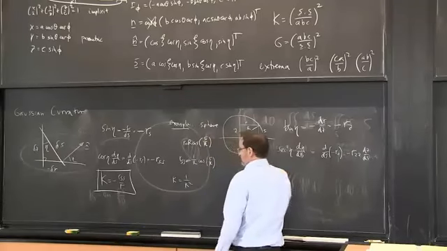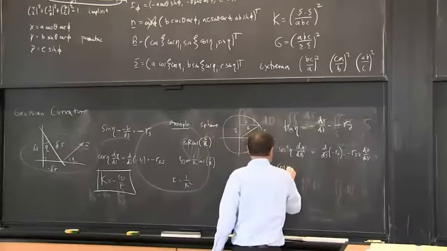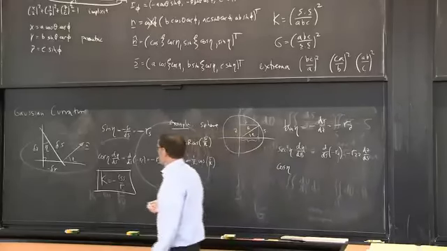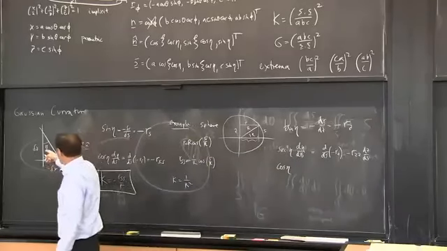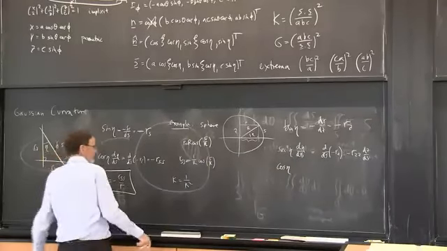And then from the same diagram, I can read off, so I'm sort of reading off all of the possible trigonometric terms. So cosine of eta is just dz over ds.